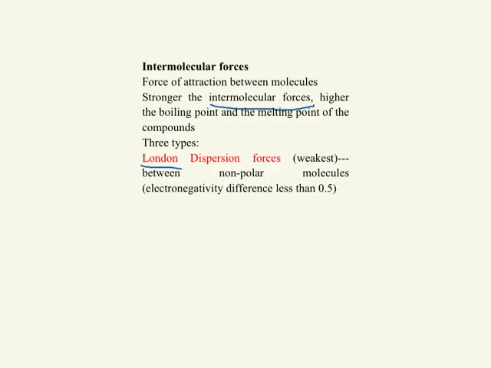The first one is the London dispersion force, which is considered the weakest interaction between two molecules, and this exists between two nonpolar molecules. For example, CH4. Is this a nonpolar molecule? Yes. Why?